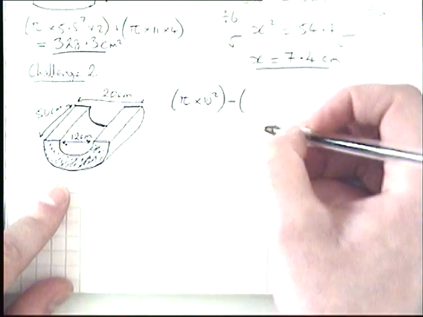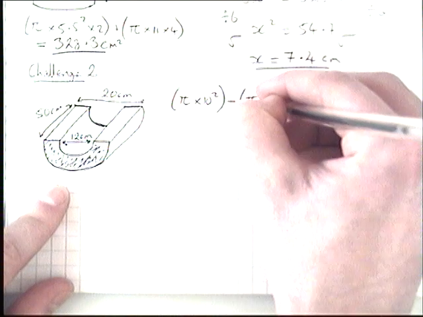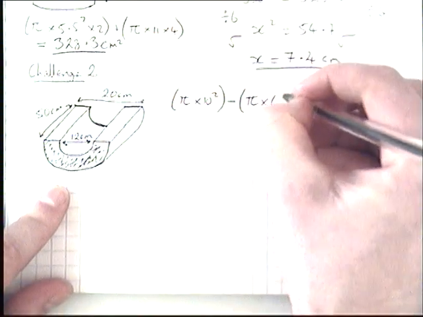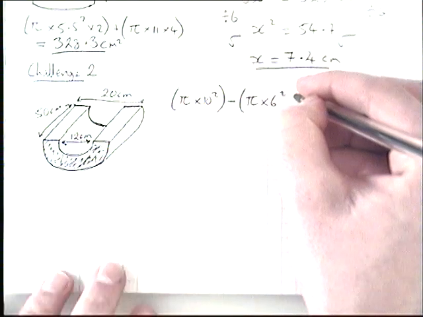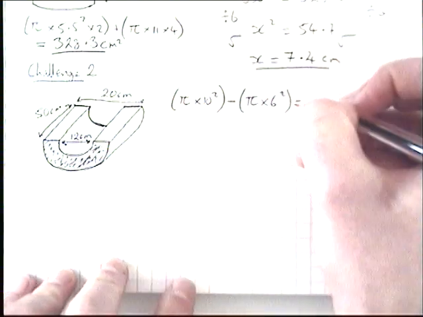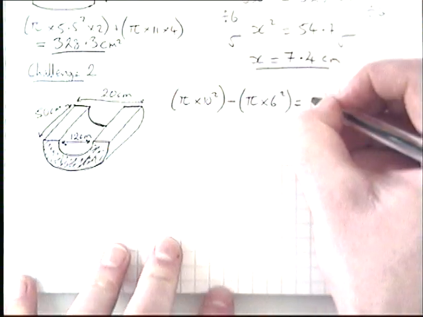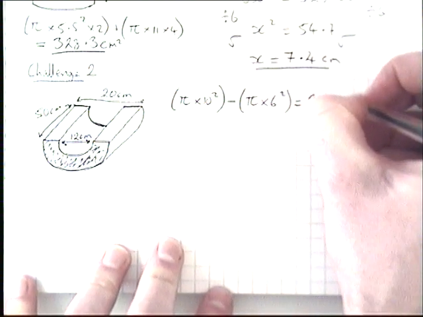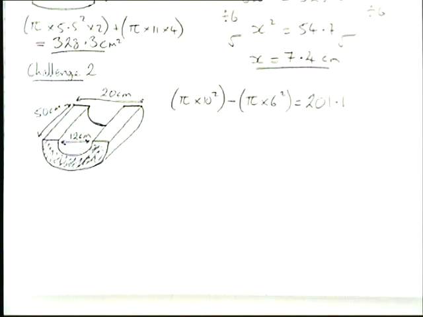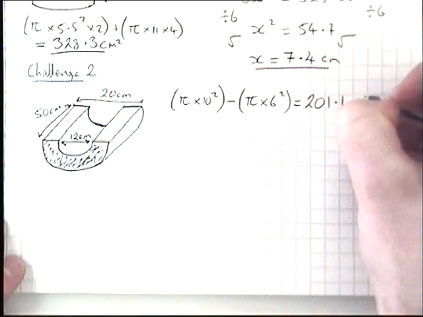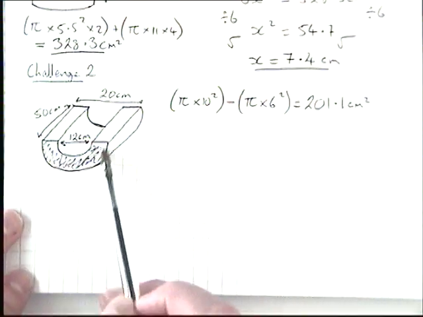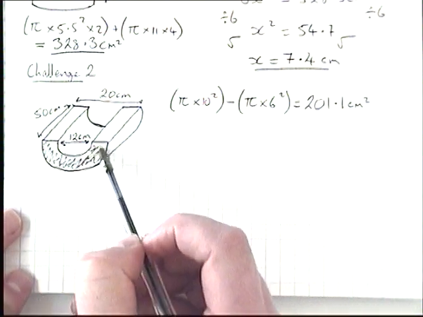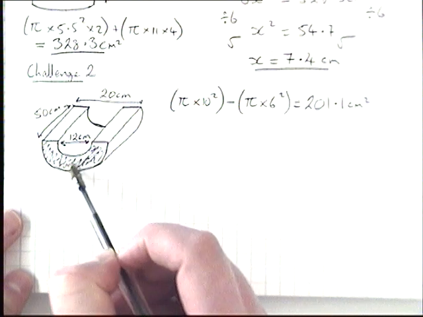And we're going to take away the area of the smaller circle, which has a diameter of 12, so pi times 6 squared, which leaves us with an area of 201.1 centimeters squared. So if this was still a full cylinder that hadn't been cut in half, that'd be the area of this bit all of the way around, this middle section here.